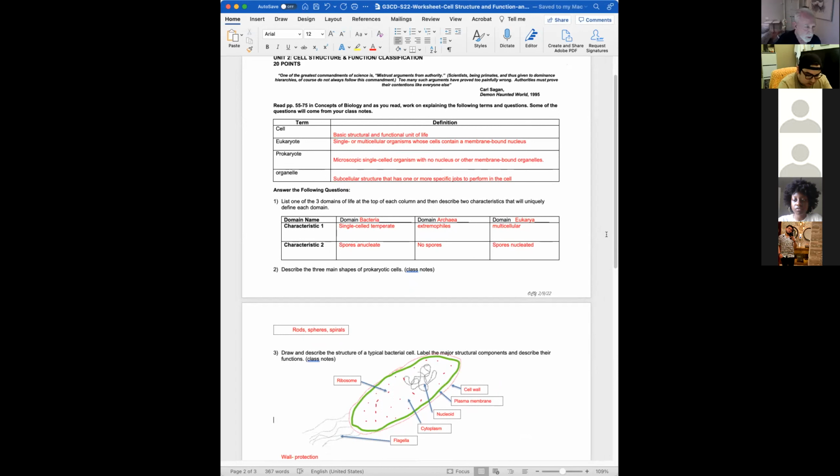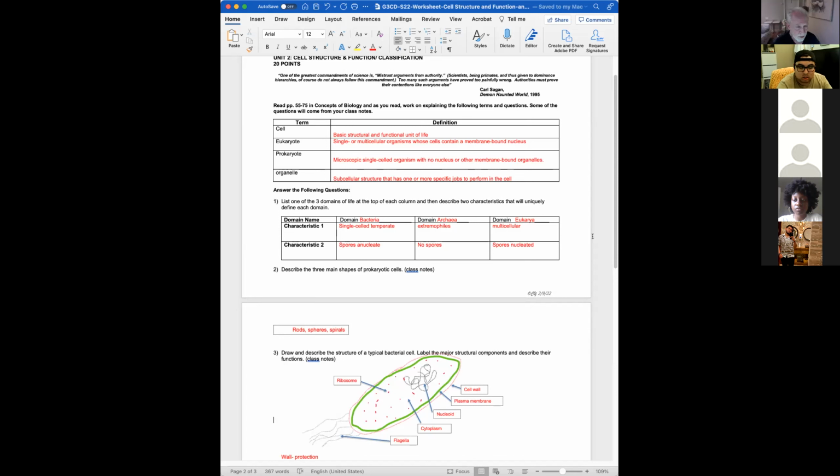The next one is a little more difficult. So you were asked to, first of all, identify the three domains of life, and then say what is unique about each according to two different characteristics. So this wasn't easy.